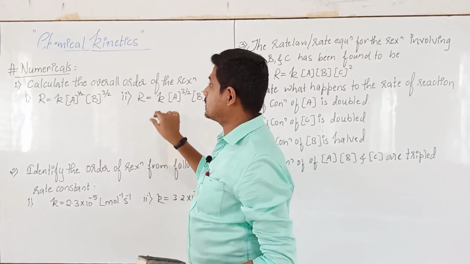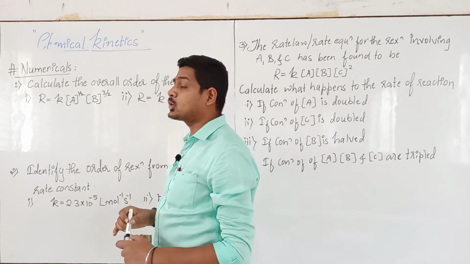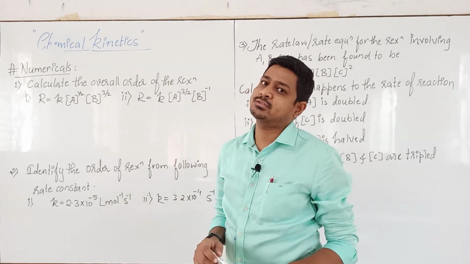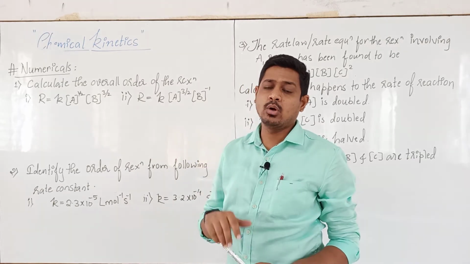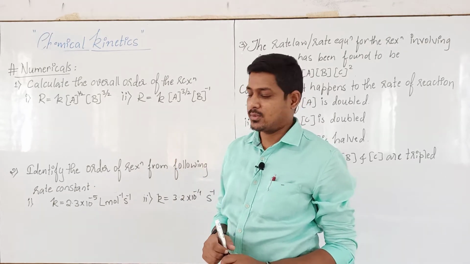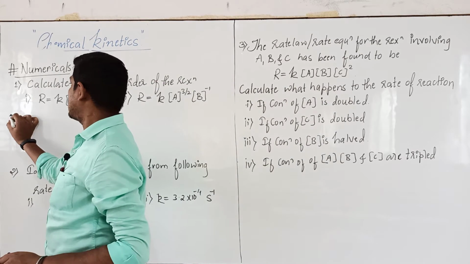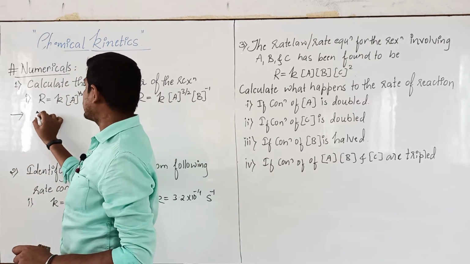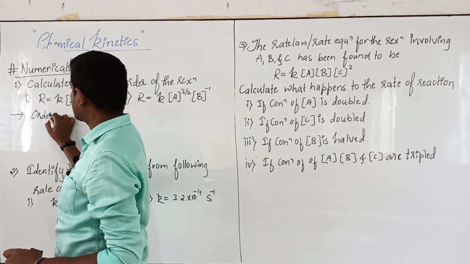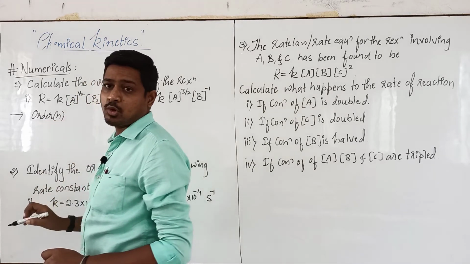The first numerical is here: calculate the overall order of the reaction. There are two reactions they have given and they want you to calculate the order of the reaction. Now you already know from the previous class how we calculate the order of the reaction. For this reaction, order is represented by small n.